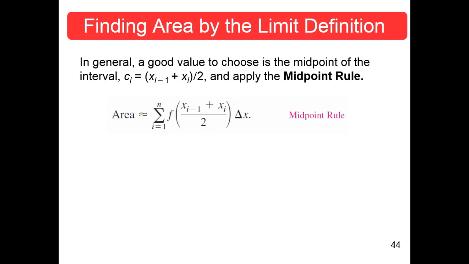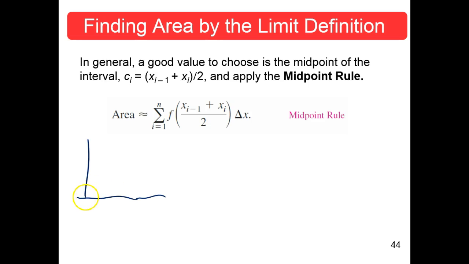So it says use the midpoint rule with n equal 4 to approximate the area bounded by the graph of f of x equal to sine x and the x-axis for 0 less than or equal to x less than or equal to pi. Let me try to get that drawn.